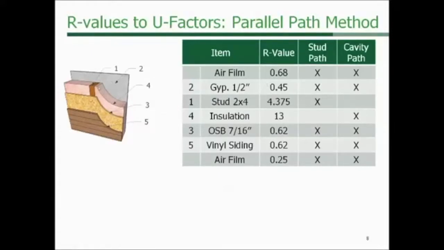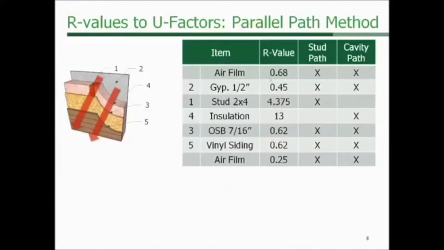what you do is you get the R value for all the different components. So we have an air film, which is the outside air film, and then the inside one, and then gypsum, stud, insulation, OSB, vinyl siding, and another air film. And we ask, what path is it in? Because some of the heat is going to go through the stud, and some of the heat is going to go through the cavity or the insulation.